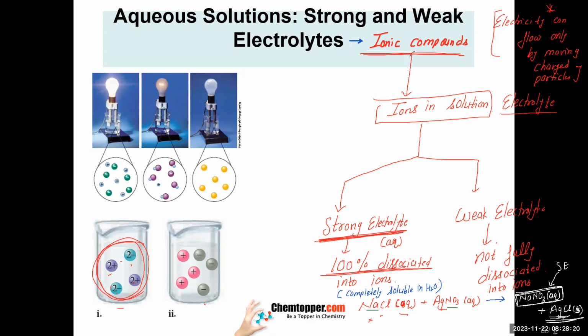But see how the flow chart is going: an ionic compound giving you ions in the solution, but not soluble, means you get solid written next to it. So there is some dissociation, some part is coming out, but the rest is in solid form. That's a weak electrolyte.